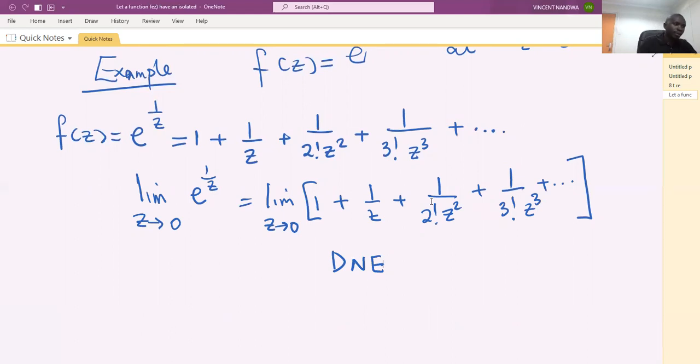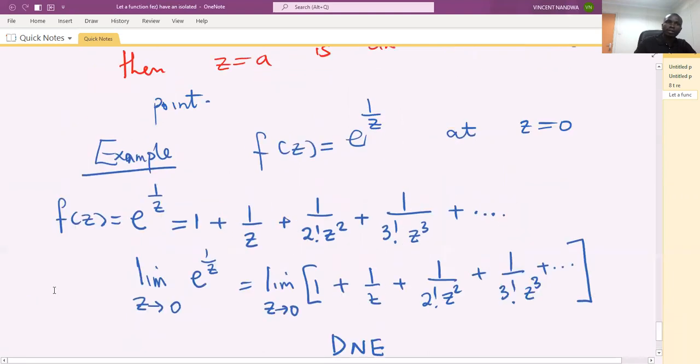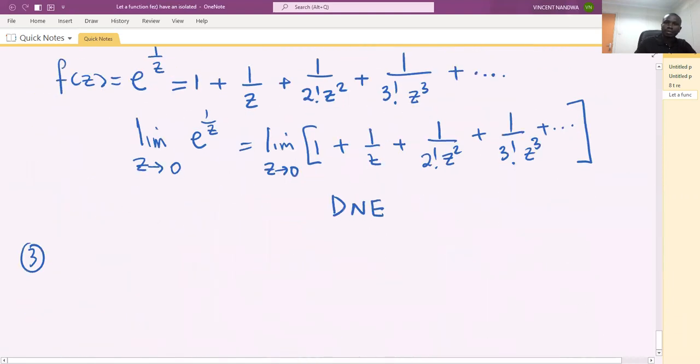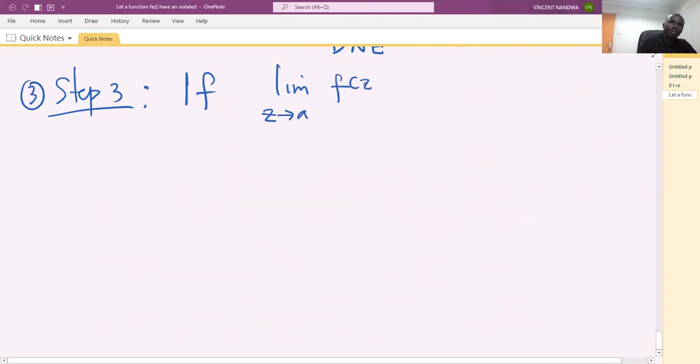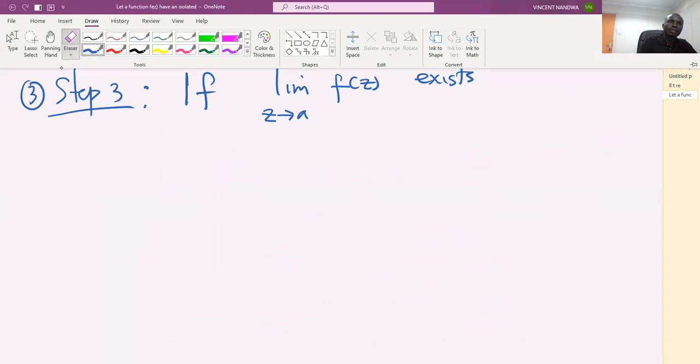And then number 3, or what we call step 3, if the limit as z approaches a of the function f of z exists, not really, the limit is infinite.